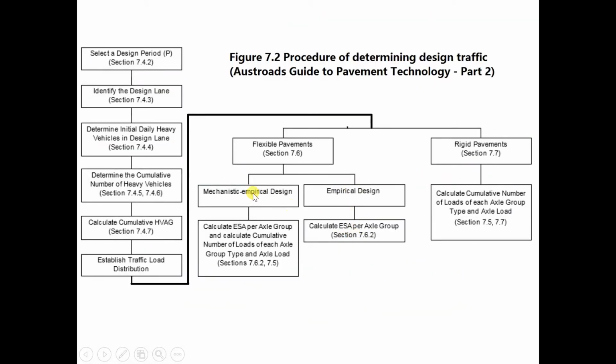Okay, so for the mechanistic empirical design, we have to calculate the ESA per axle group. For the empirical approach, using the chart just now, figure 8.4, you don't have to differentiate between the different layers, because you don't consider the asphalt as a structural layer.